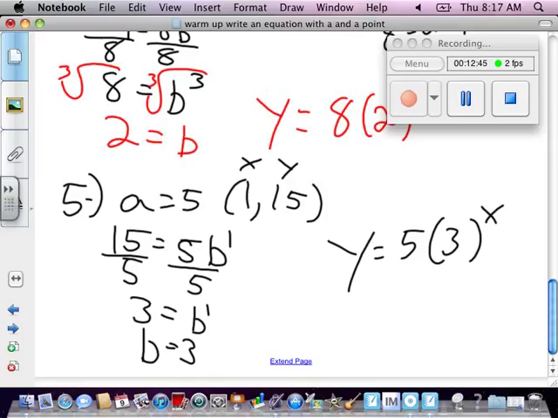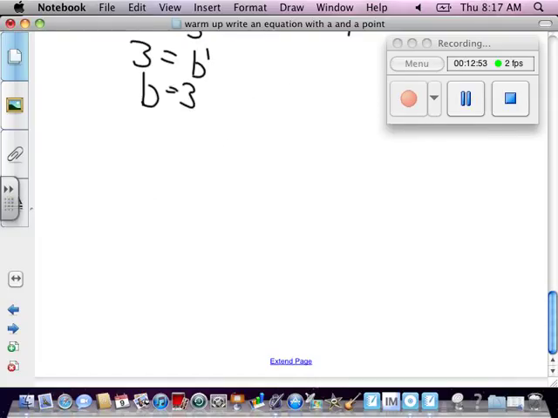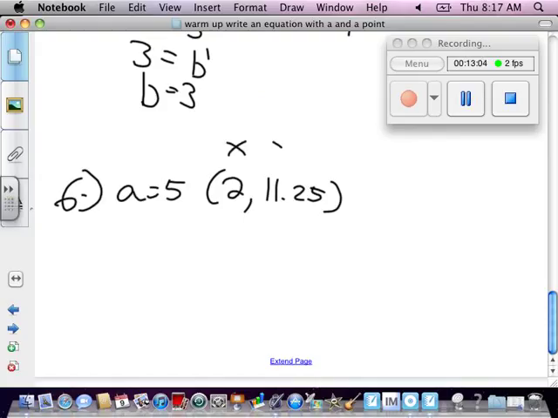All right. We've got one more like this, and then we've got a graph and a word problem. So let's do this last one. For number 6, I've got a equals 5 and the point 2, 11.25. So that's my x, that's my y. I'm always plugging it into that new equation we have, y equals ab to the x.